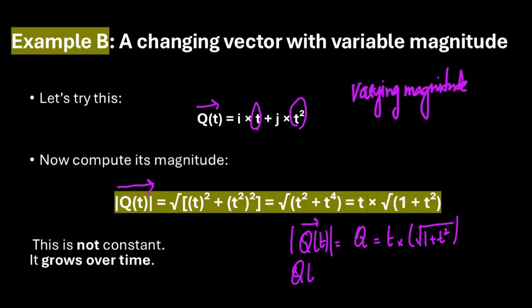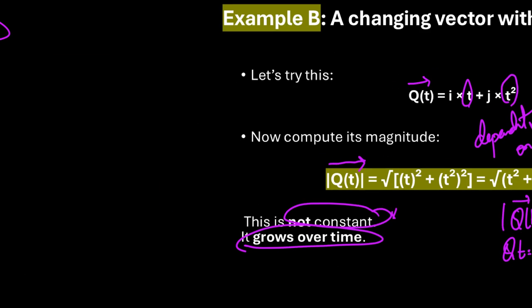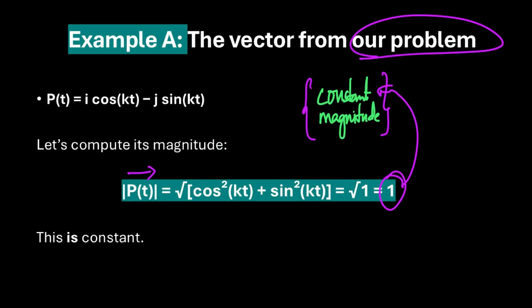To be more precise, q at t equal to 0 will give you q0, which would be 0 into root of 1 plus 0 square. And then you have q1, which is 1 into root of 1 plus 1 square, so on and so forth. Which means this is not a constant. It grows over time. It is dependent on time. Unlike the first example, as in the given problem, it is a constant always. So the magnitude of this momentum vector here is constant always.